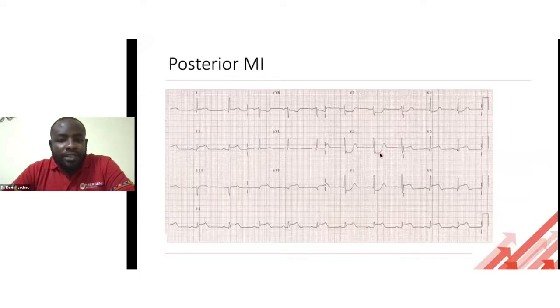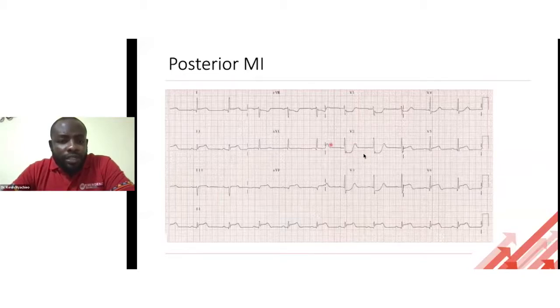Posterior MIs are, in practice and in my experience, designed to be missed. When you do the normal precordial leads, you will have these significant ST depressions in V1, V2, V3. And when you're seeing this, it should prompt you to at least think about the orientation of the ECG leads.